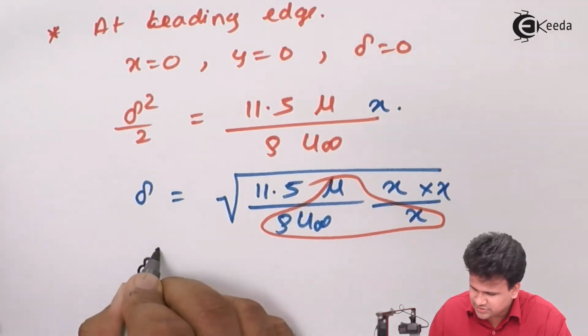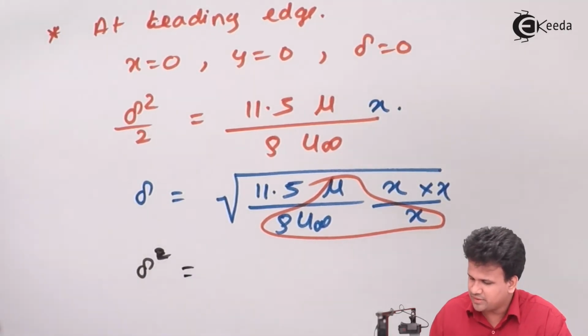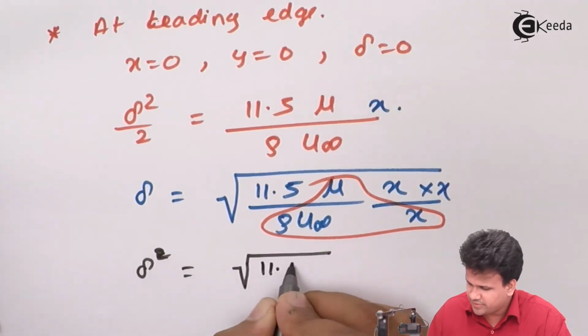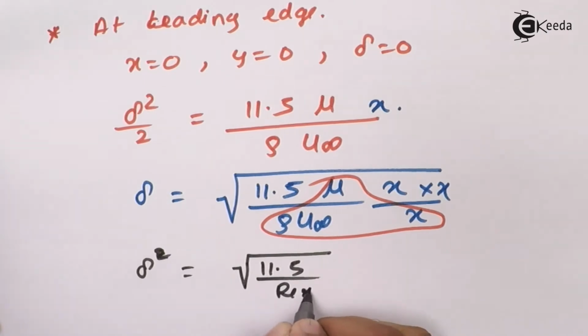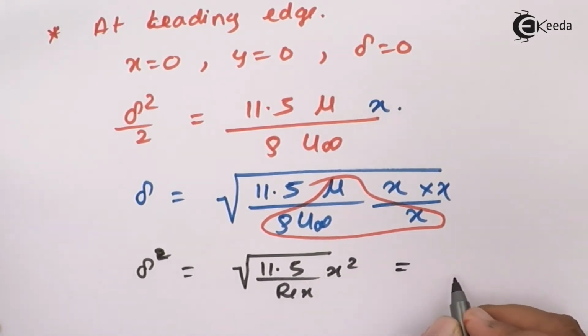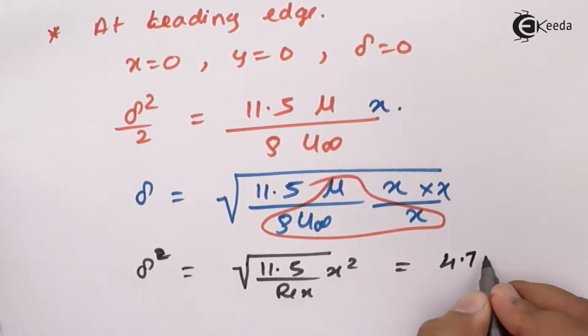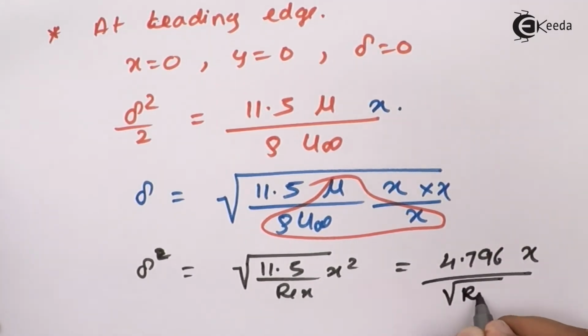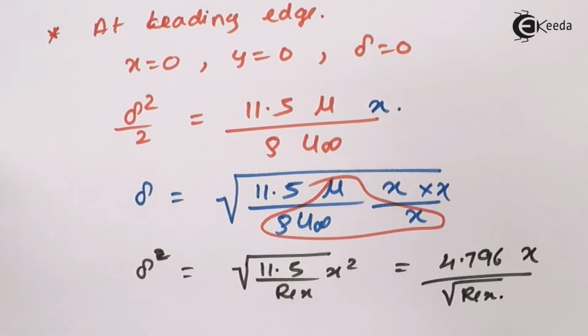So delta will be equal to square root of 11.5 upon Reynolds number into x square, which will give us 4.796 x upon square root of the Reynolds number. So we have got this in terms of Reynolds number, which was the first part, that is the boundary layer thickness in terms of Reynolds number.